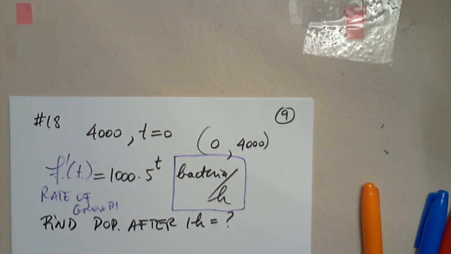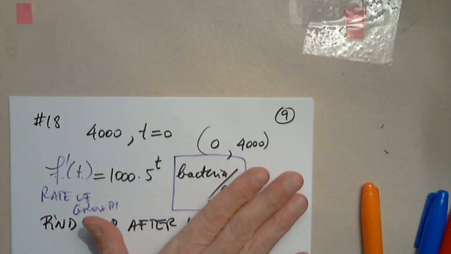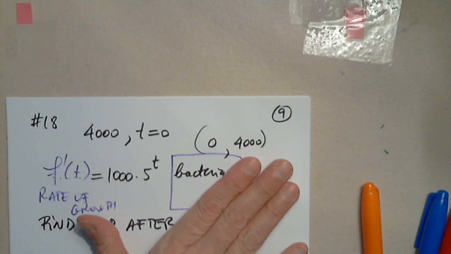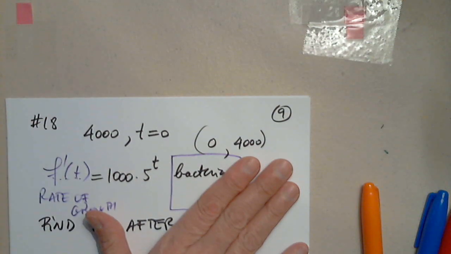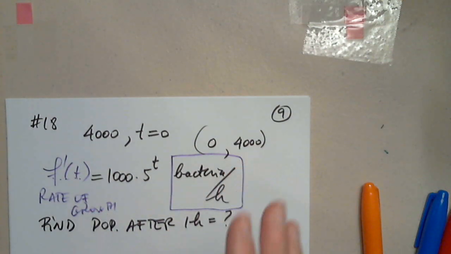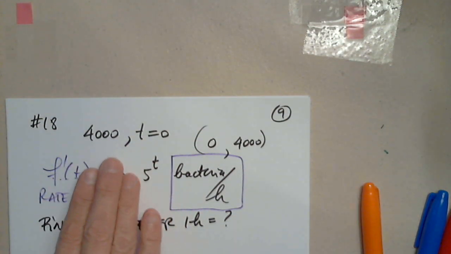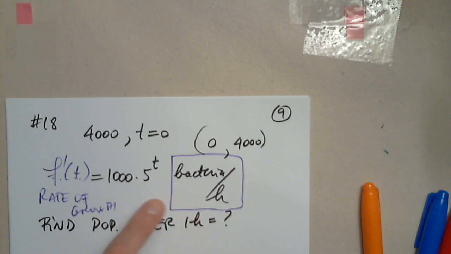The derivative is the rate of change, and the derivative can have a measurement unit like this. If I have a measurement unit of bacteria with no rate of change, this cannot be the derivative. It's just a function. It gives the number of bacteria, population of bacteria. But once I'm told rate of change, and I'm told that the measurement unit of this function is bacteria per hour, I know for sure that it must be a rate of change, and the rate of change must be a derivative. Is that clear?